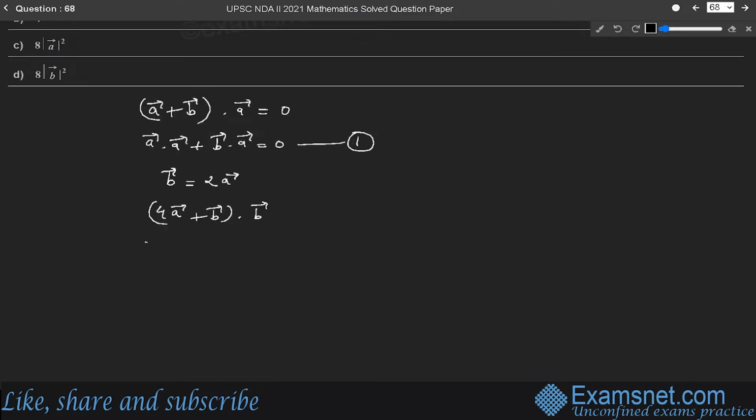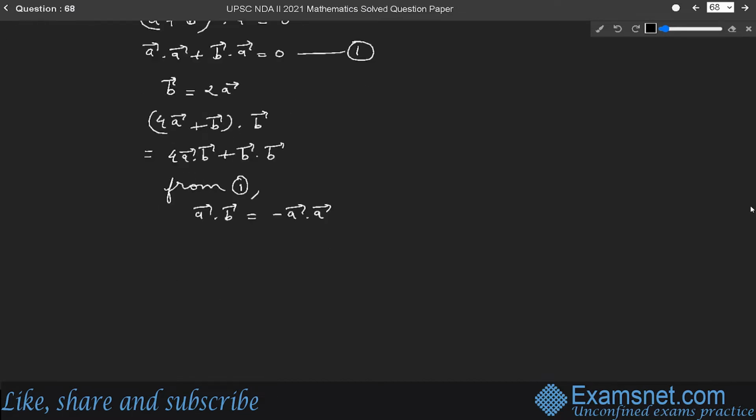So it will be equal to 4A vector dot B vector plus B vector dot B vector. Now from equation number 1, the value of A vector dot B vector will be equal to minus A vector dot A vector. So putting the value here, we will get minus 4 into A vector dot A vector plus, putting the value of B vector also, 2A vector dot 2A vector.